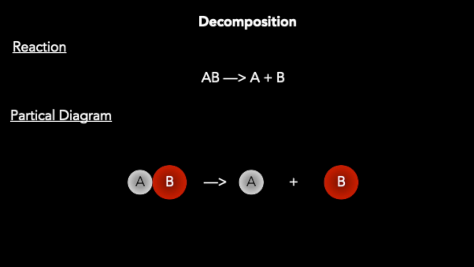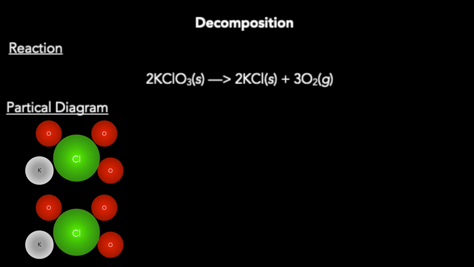Now let's take a look at what this will look like for the reaction that we saw in the demonstration, the decomposition of potassium chlorate. For this reaction, it's important to understand that we always start with a single compound.